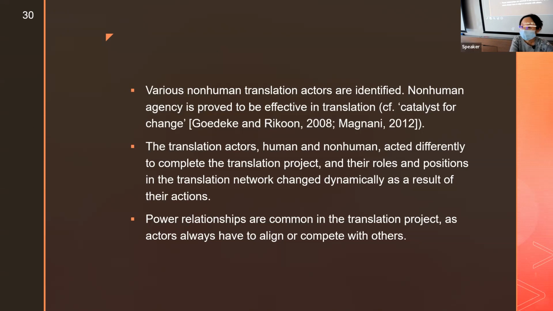This study, moreover, finds that power relationships were common in translation projects, as actors always have to align or compete with others.